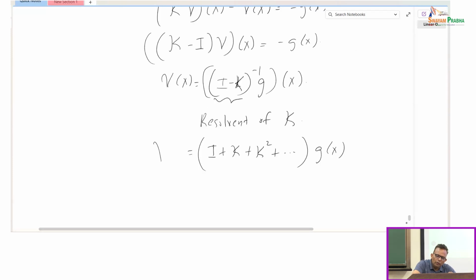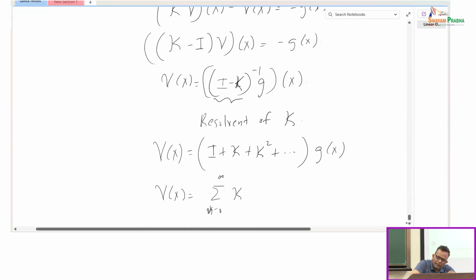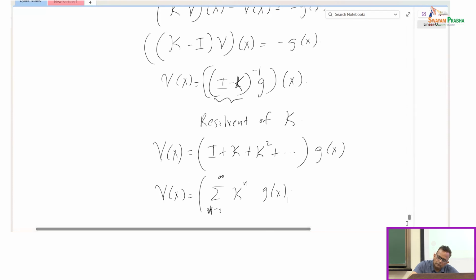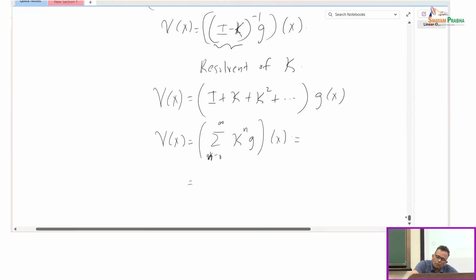So your V of x is nothing but the summation, k equals 0 to infinity, of kappa to the n times G of x, which is basically saying it is nothing but G of T^n of x, n equals 0 to infinity.